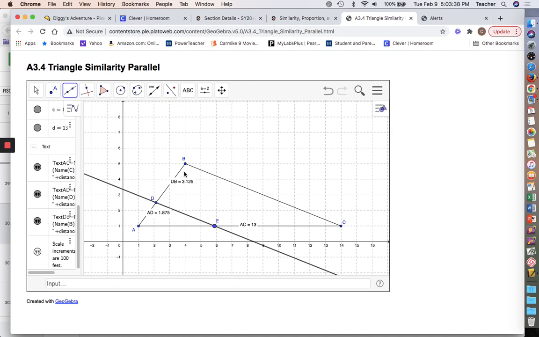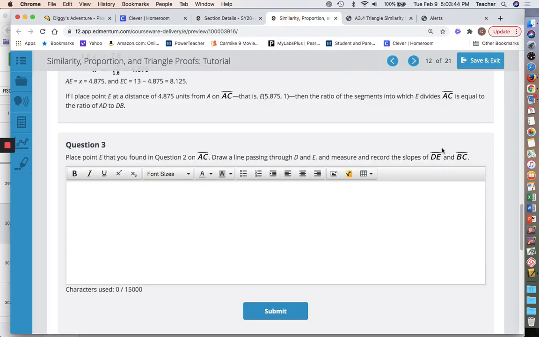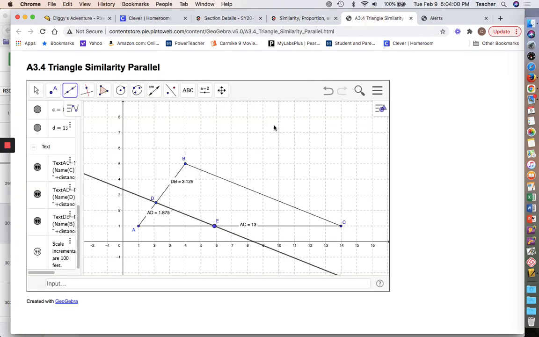It looks like it might be parallel to BC. That'd be the same slope for that to happen. So I guess that's why we're finding the slope of DE and BC. All right, we're going to do DE first.